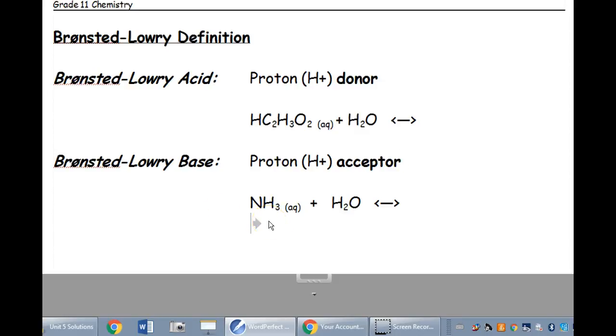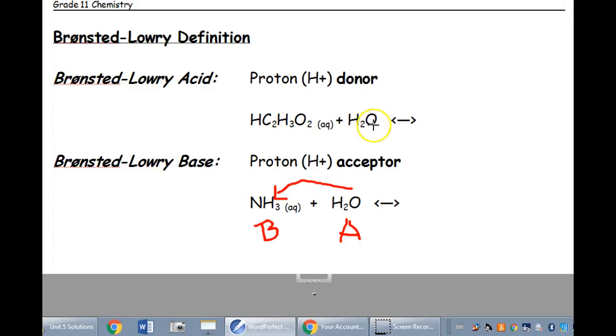So you may have thought to yourself, well, if water is donating a proton to ammonia, since ammonia is accepting it, it's my base, right? But since water was the donor, doesn't that make water an acid in this case? Absolutely. Water in fact is an acid because it's a proton donor, according to our Bronsted-Lowry definition.